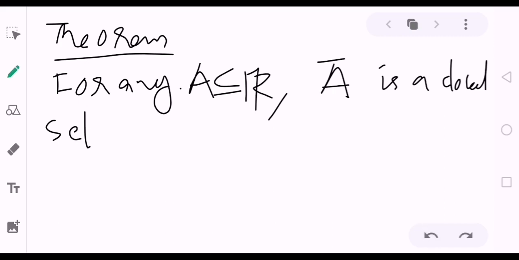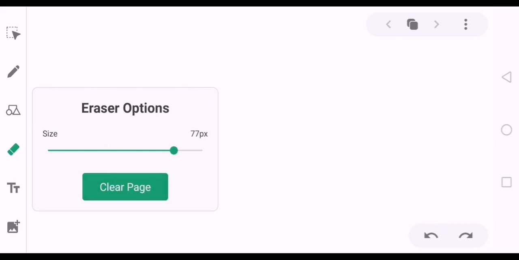So, in order to prove the theorem, we have the proof.